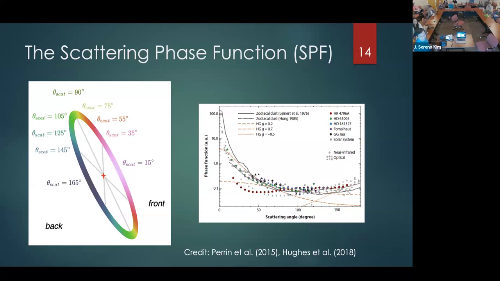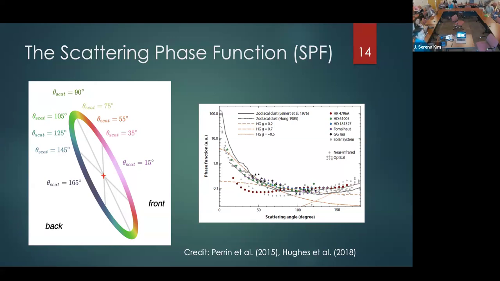So some more background. The scattering phase function describes the distribution of light scattering around the circumference of your disk. So on the front side of your disk, let's say that your scattering angle is close to 0, and that increases as you go around to the back side.